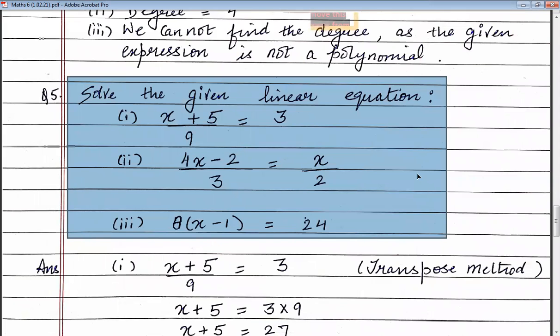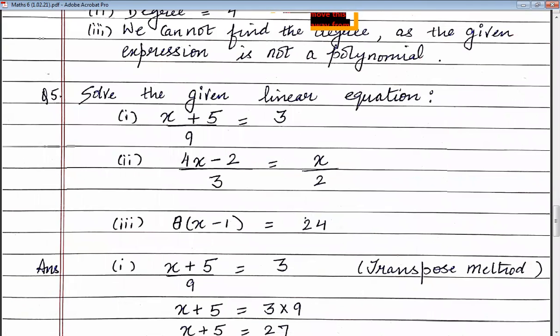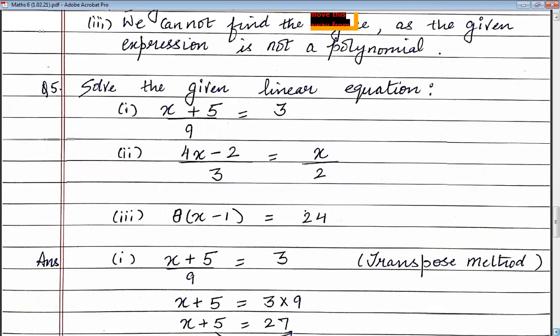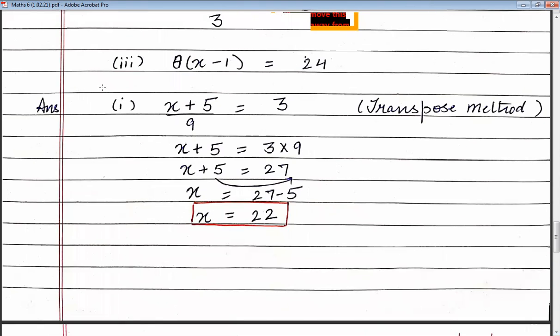Before doing this question, you should know about the transpose method. Okay, so now all the numbers you are going to send to the right hand side. So now let's solve all the questions one by one. Let's have a look at the first one.